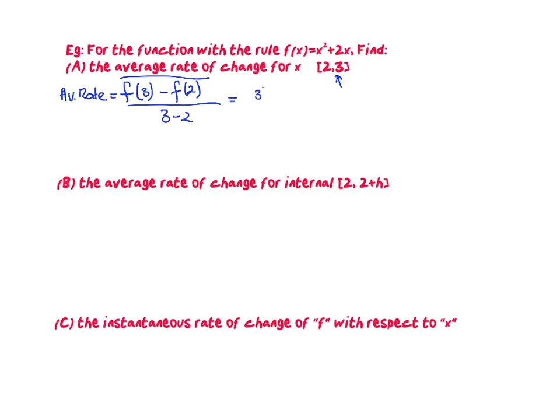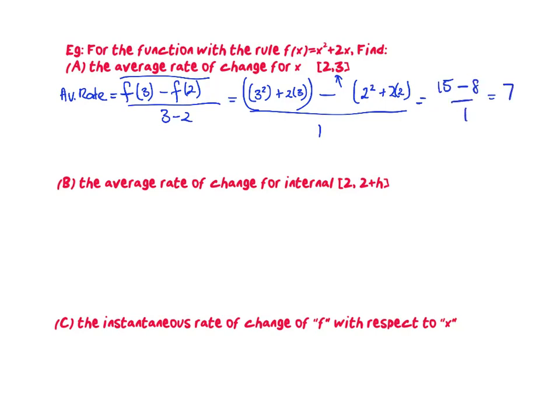So we've got 3 squared plus 2 times 3. That's f of 3 minus, and then we do it with the 2. 2 squared plus 2 times 2, all over 1. So if we tidy that up, we get 3 squared is 9 plus 6, so you get 15 minus 8 over 1. So the average rate of change is 7 for that question.